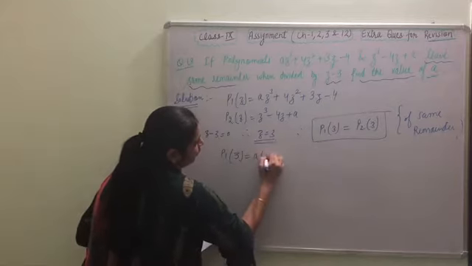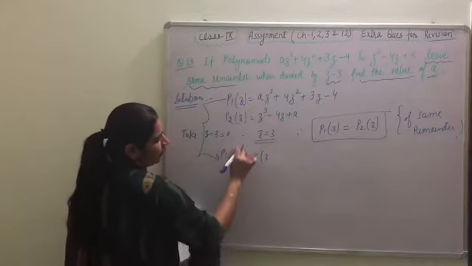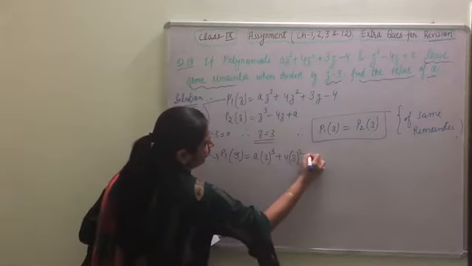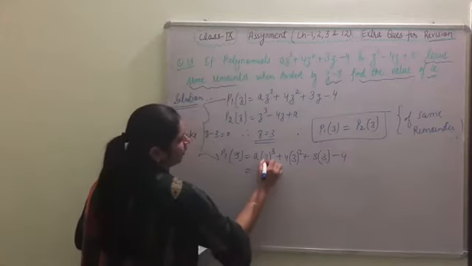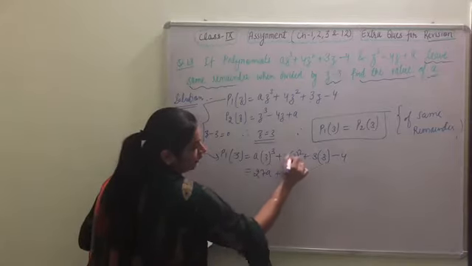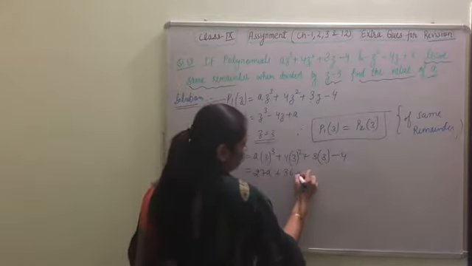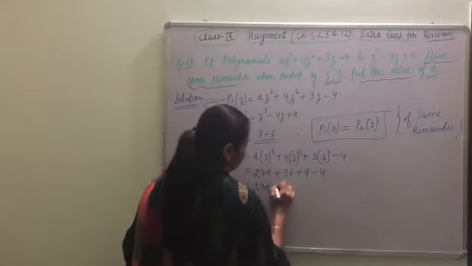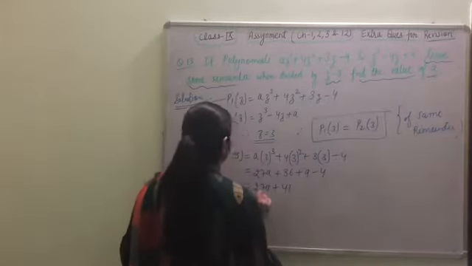A into 3 cube, 4 into 3 square, 3 into 3 minus 4. 3 3s are 9, 3s are 27A, 3 3s are 9, 4s are 36. Next is 3 3s are 9 minus 4. 27A plus 36 plus 5, 36 plus 5 is 41. This is the value of the first polynomial.